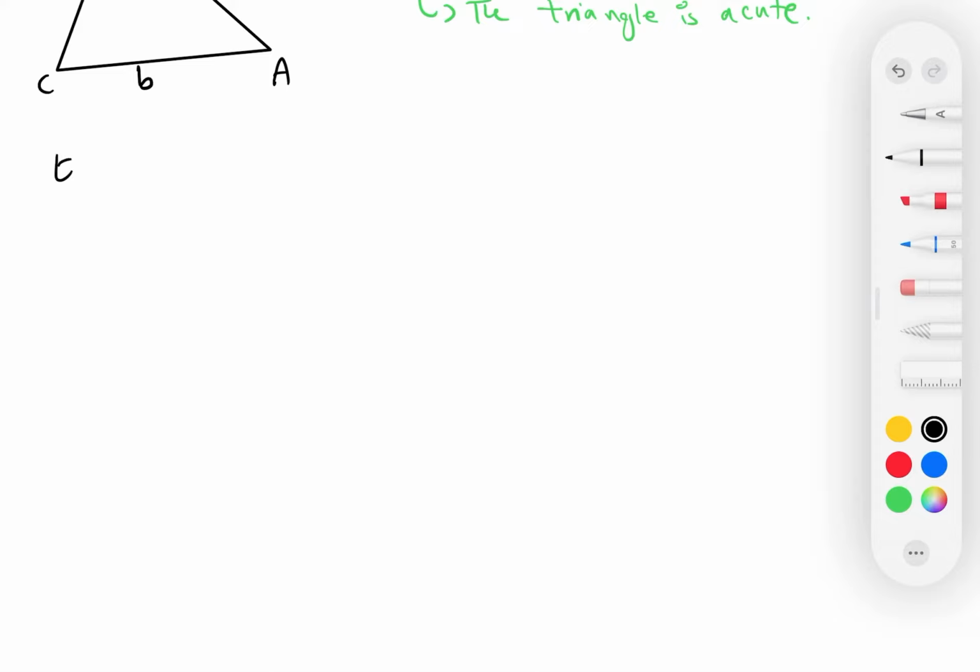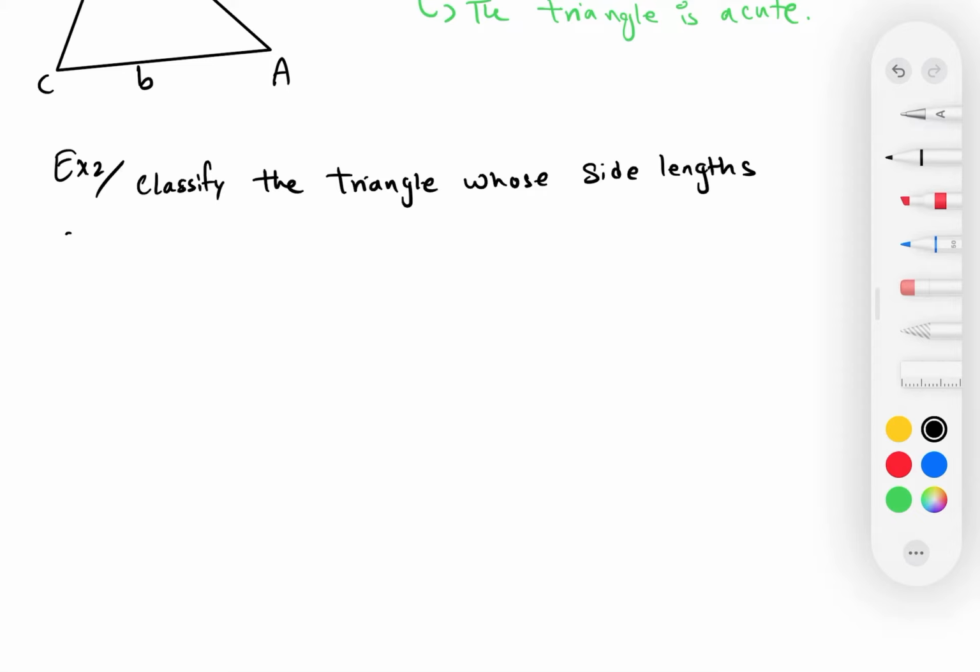They would give you, for example, example 2, classify the triangle whose side lengths are essentially 6, 11, and 14 as, is it acute, is it obtuse, because there's 3 types, or is it right? Is it a right triangle?